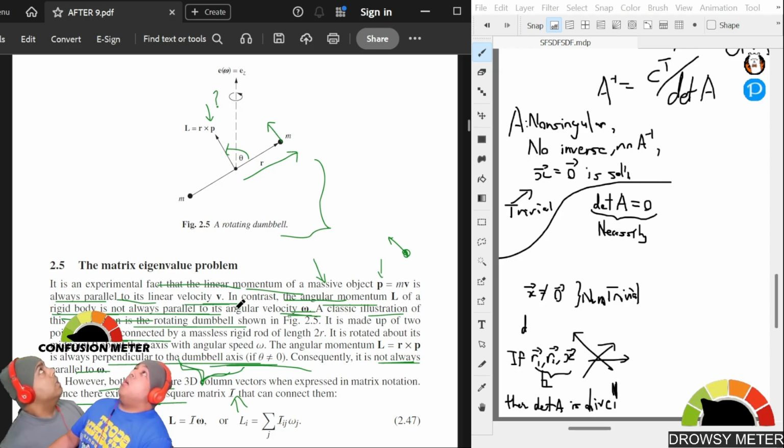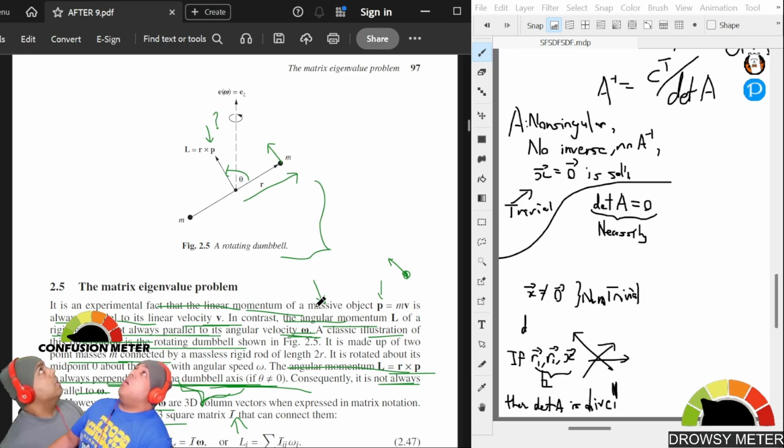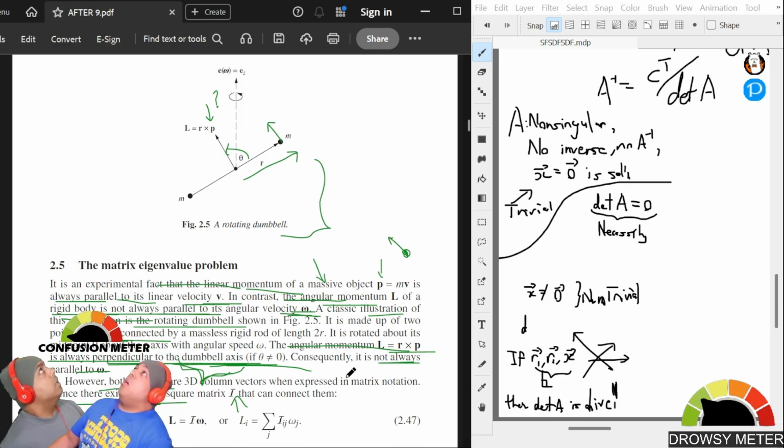Let me continue reading. The angular momentum L equals R cross P is always perpendicular to the dumbbell axis. It is not always parallel to omega.